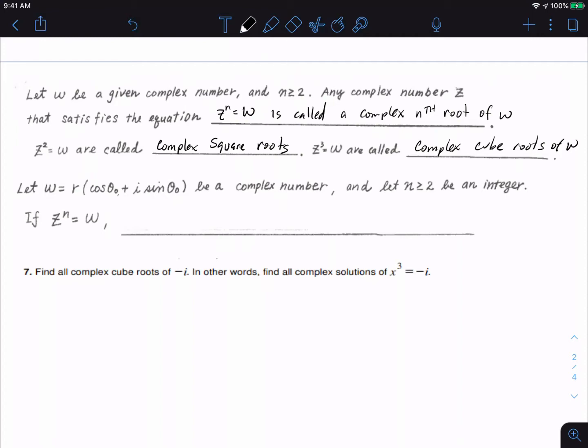And then we're going to let n be greater than or equal to 2, an integer, and z to the n is equal to W. So this is going to be the general equation.